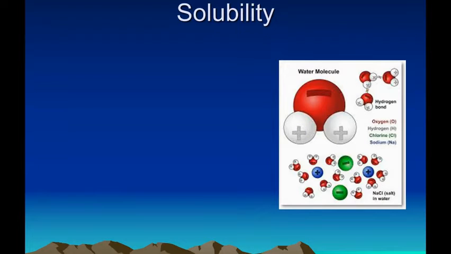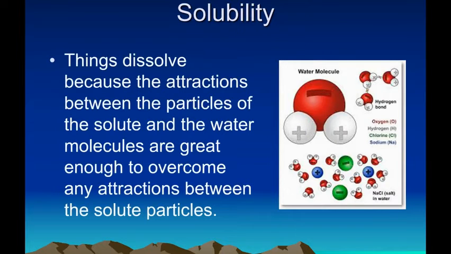So solubility. When we're looking at solubility, we need to understand that things dissolve because of the attractions between the particles of the solute and the water, or the solvent, whatever the solvent is. The attraction is great enough to overcome any attractions between the solute particles. If you look at this diagram right here, this is indicating a sodium chloride crystal has been broken up.